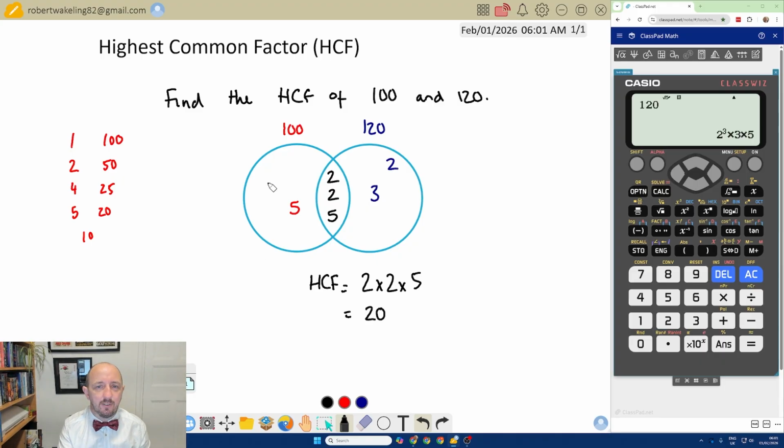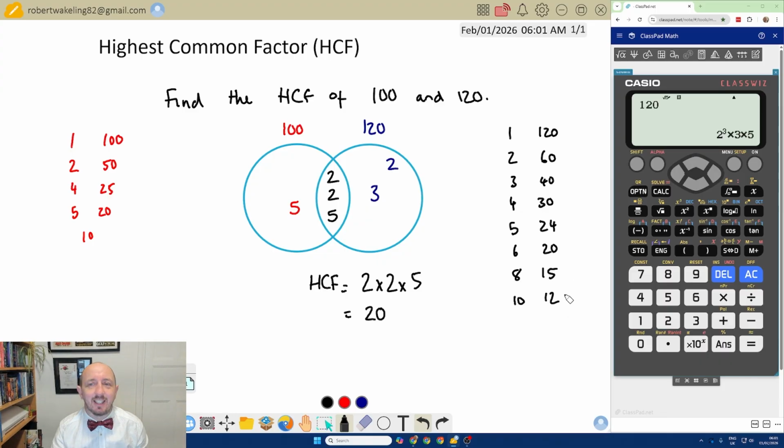If I do the factors of 120 to the side here, you'll see that there's quite a few. 4 goes with 30, 5 and 24, 6 and 20, 8 and 15, 10, and you do not want to be doing this in the exam, okay?